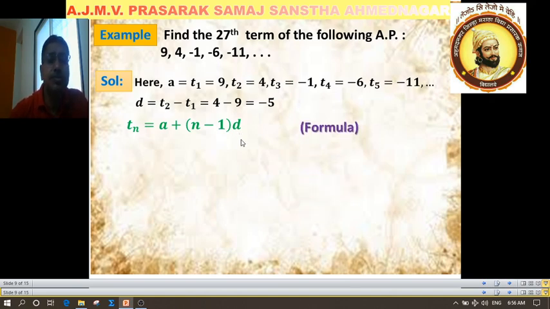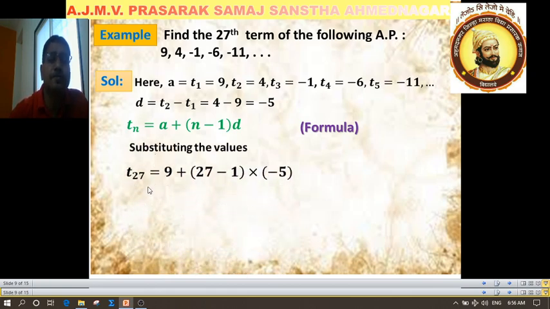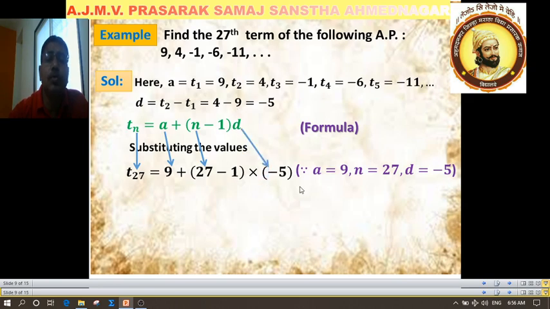Now substituting the values of n, a and d in the formula, we have T27 is equal to 9 plus 27 minus 1 into minus 5.